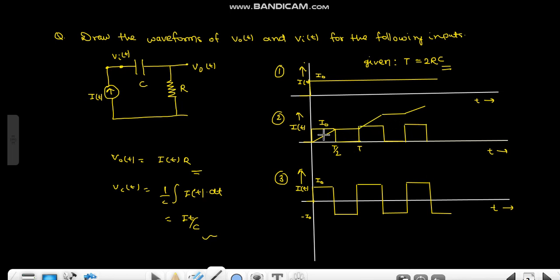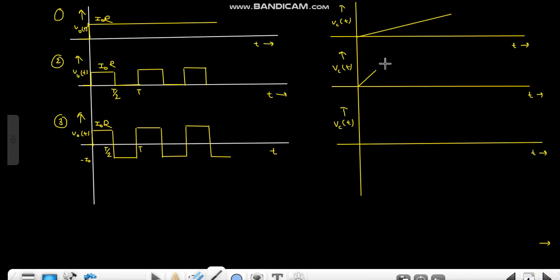We studied in signals and systems simple integration. Okay. So it's T by 2, T, 3T by 2.